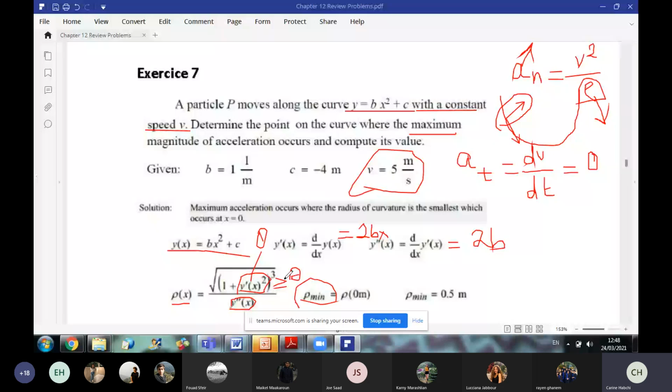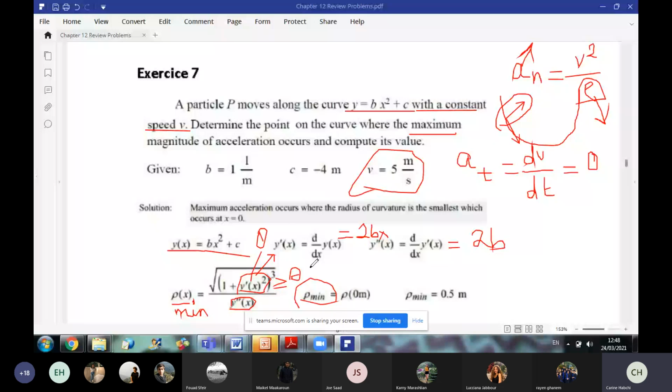So the rho minimum will correspond to y prime squared minimum, which corresponds to a value of y prime equal to 0. So I can deduce here that rho is minimum for a minimum y prime, equal to 0, because if y prime is negative, when I square it, it will give a number that is higher.